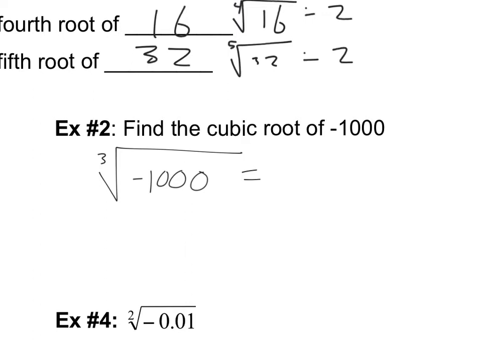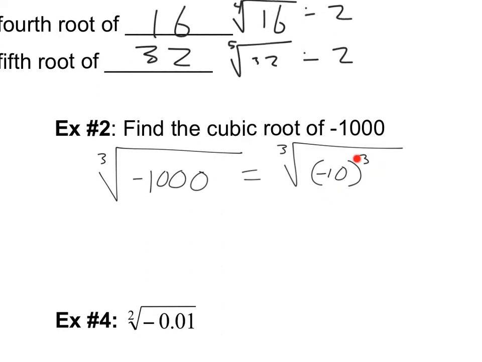But basically we want something to the power of 3 to get me to negative 1,000. Well, I know that 10 times 10 is 100, and 10 times 10 times 10 is 1,000, so maybe it's negative 10.